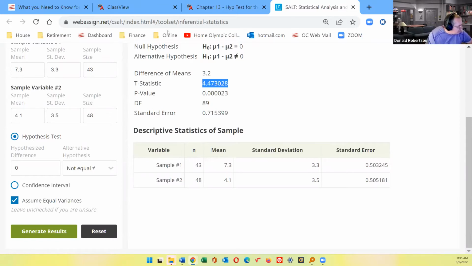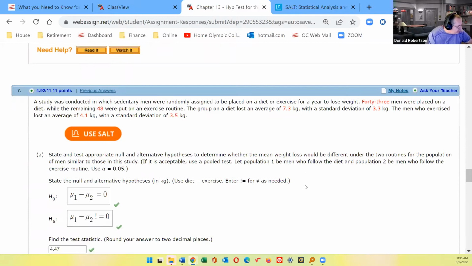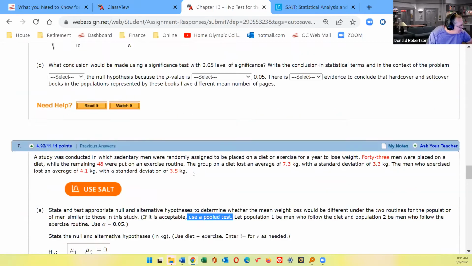You should only assume that if you see the phrase use a pooled test, or if they said use equal variance, or if the data had both numbers identical.